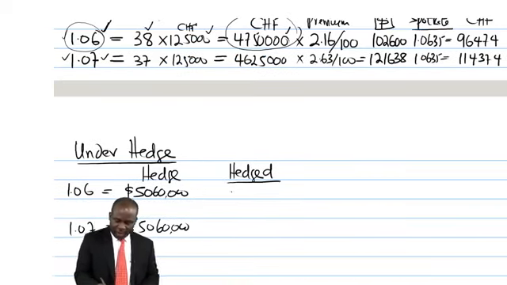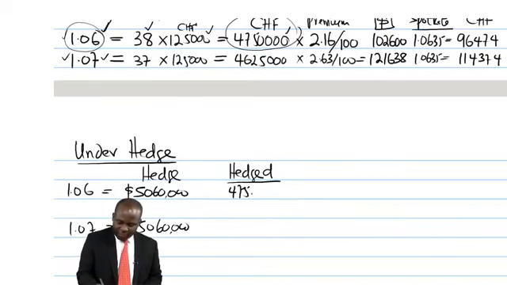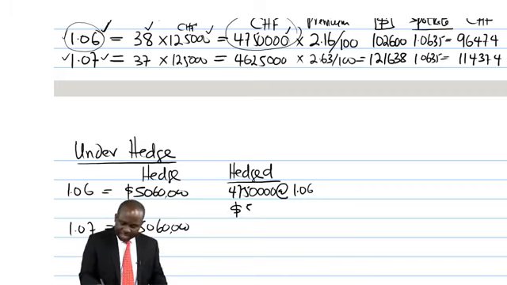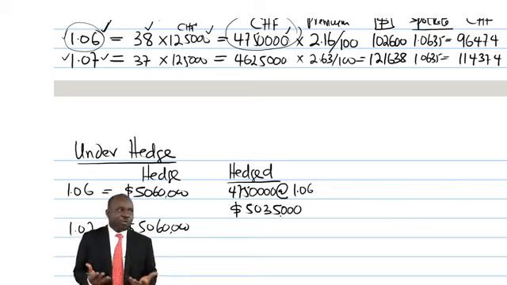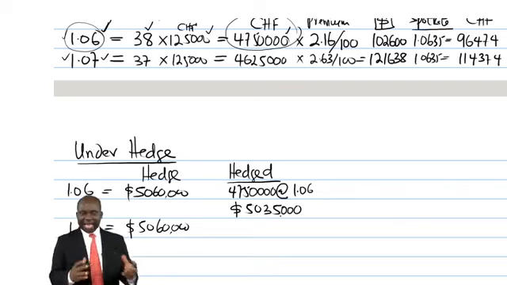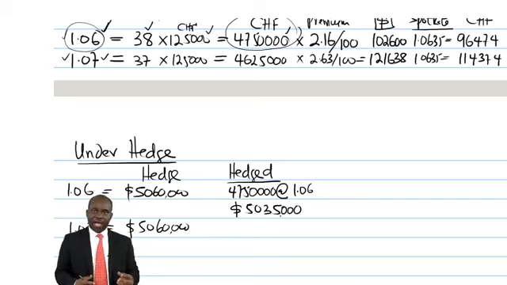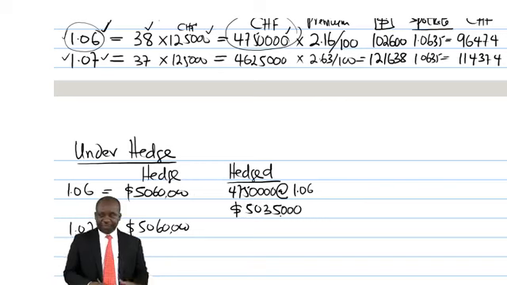So straightforward, I will say 475,123 multiplied by 1.06. It will give me the dollar equivalent. And when I multiply, it's giving 50,351,230. So that is the dollar equivalent I have hedged under the contract. However, the total amount I need to go and pay is the 50.60.